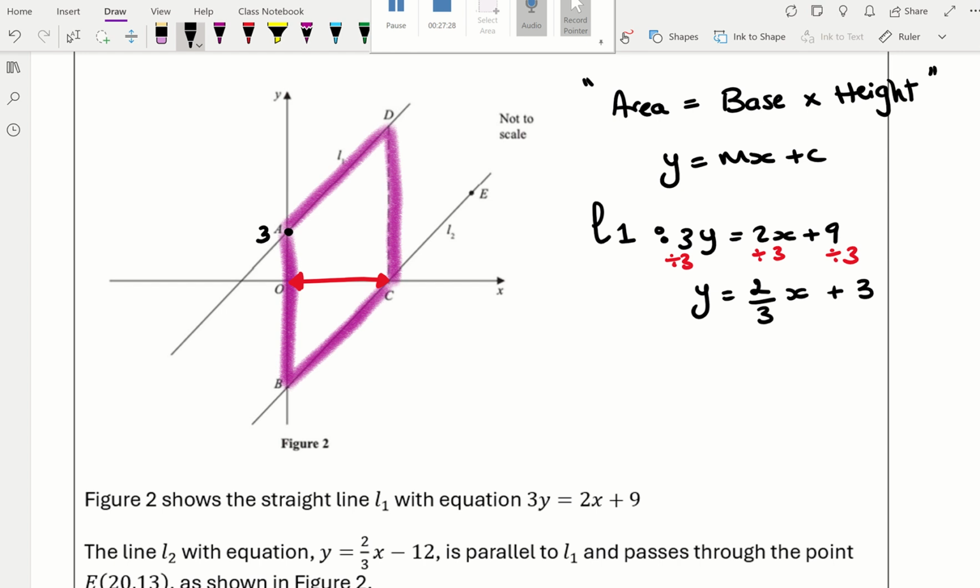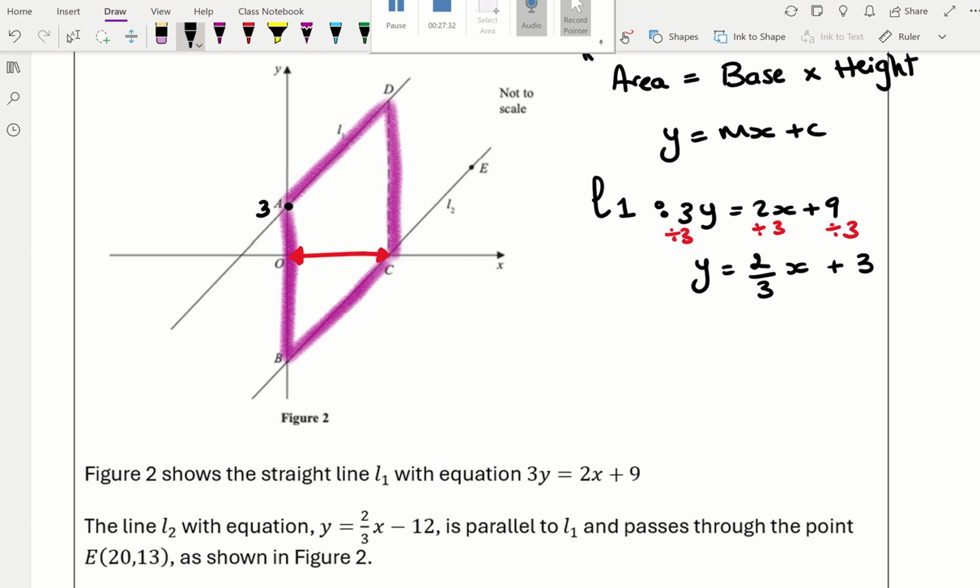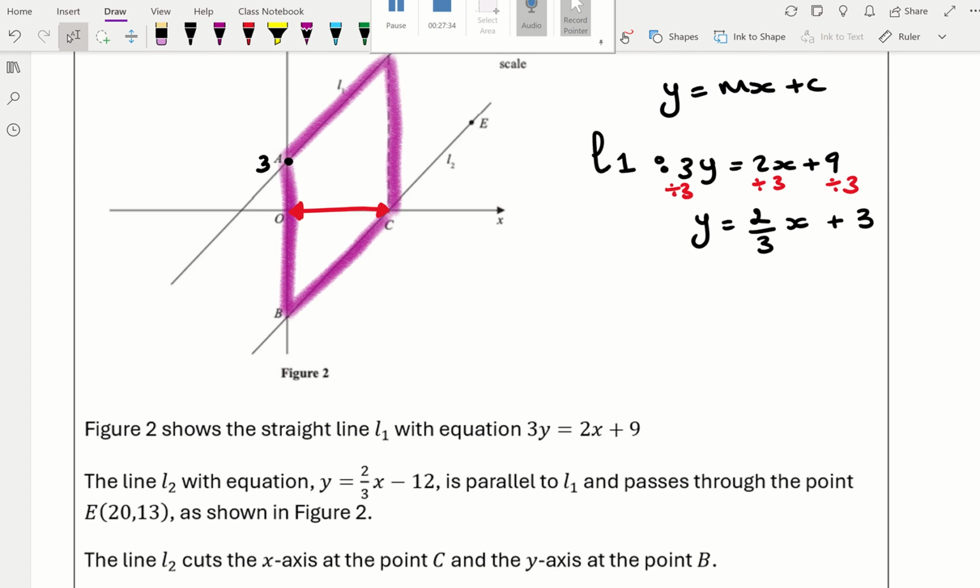And then I want to find L2, and for L2 I need two things. I need B. B is the y-intercept, I already have it. B is negative 12. But I want to find C. C is the x-intercept. The x-intercept happens when y is 0.